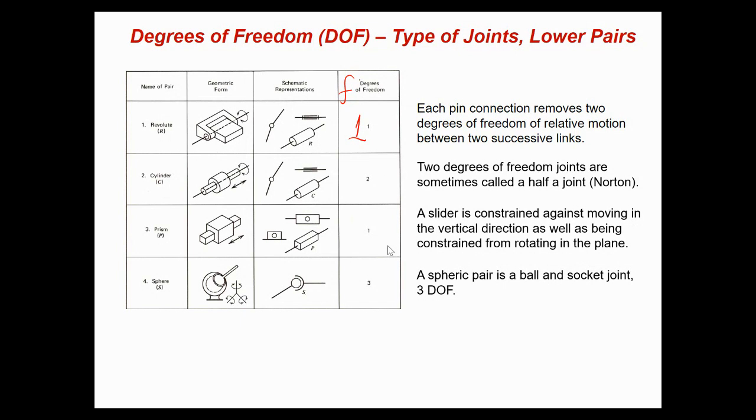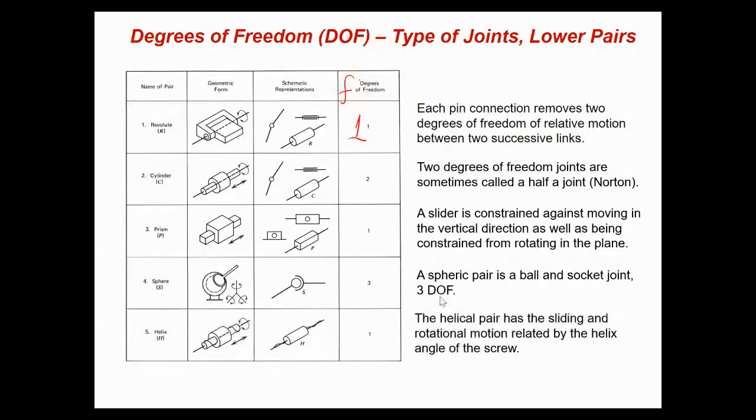It is like a ball and socket joint, so that one of the links that is placed in the other one can rotate freely in all 3 directions. So the joint has 3 degrees of freedom.